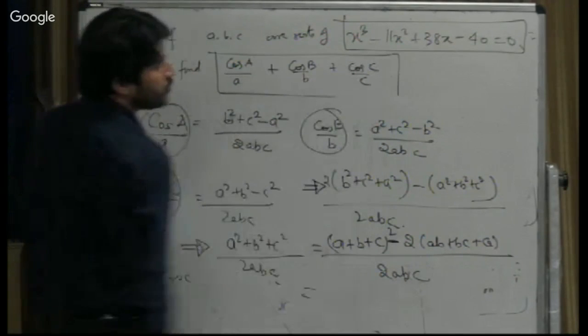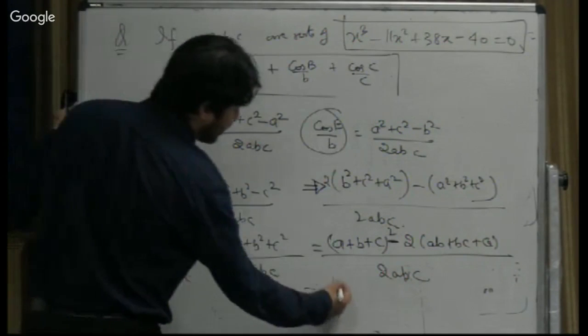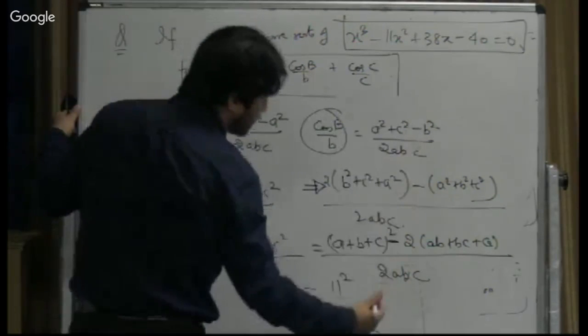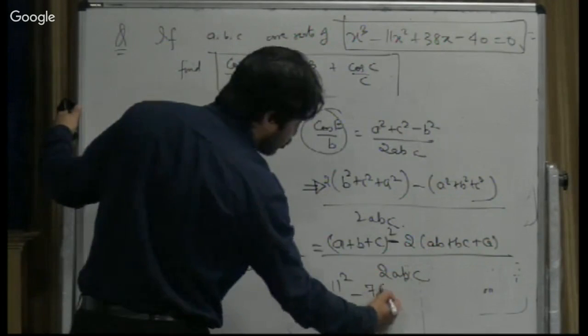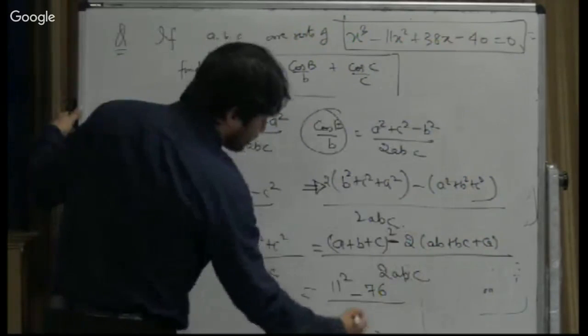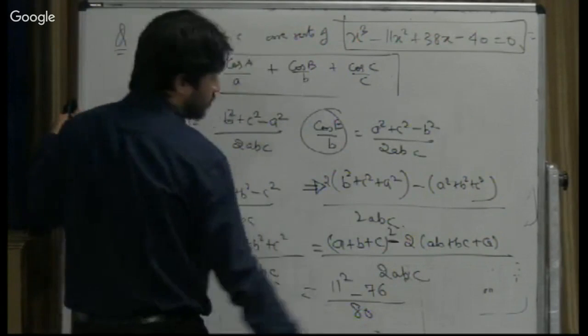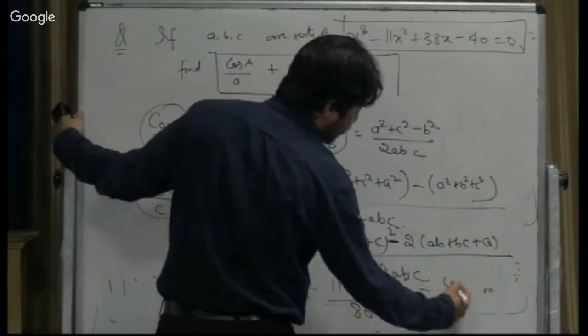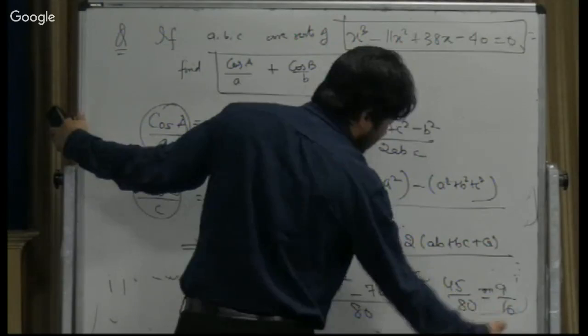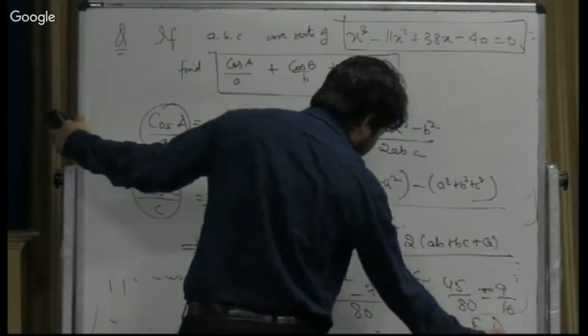I know the sum of roots is going to be 11, so I just wrote 11 square. I know the pair products is going to be plus 38, so I just made it 2 into 38, that is 76. And I know the product is going to be 40, so I just wrote 80. So 121 minus 76 is 45 by 80, and that is 9 by 16. QED.